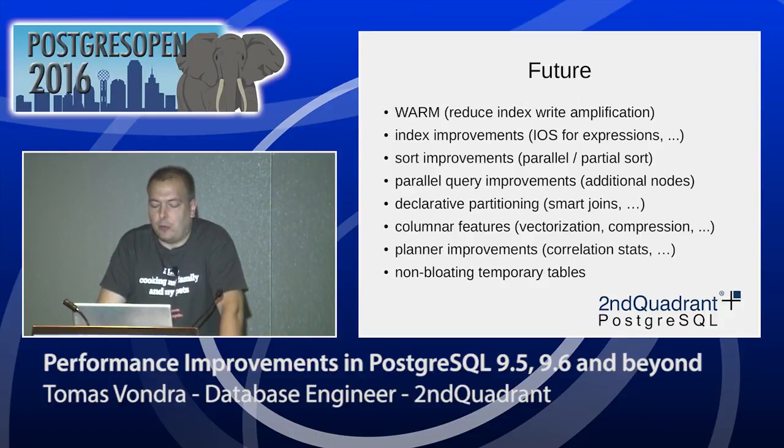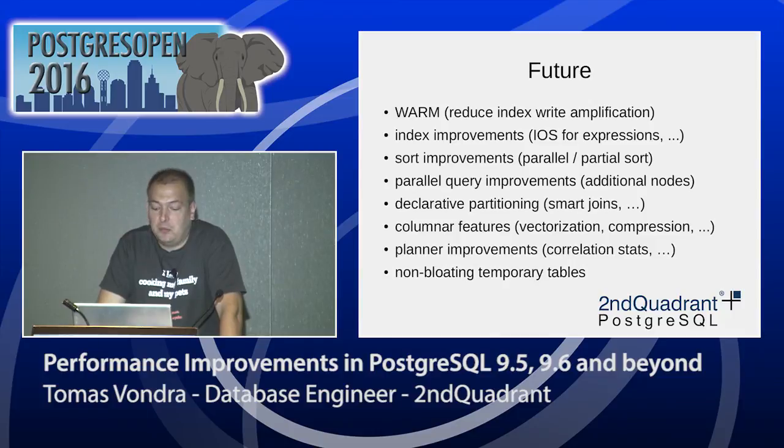There are also a few people working on features from columnar databases like vectorization, compression, and so on. There are a few improvements in the planner again, like being able to plan queries that reference correlated columns.